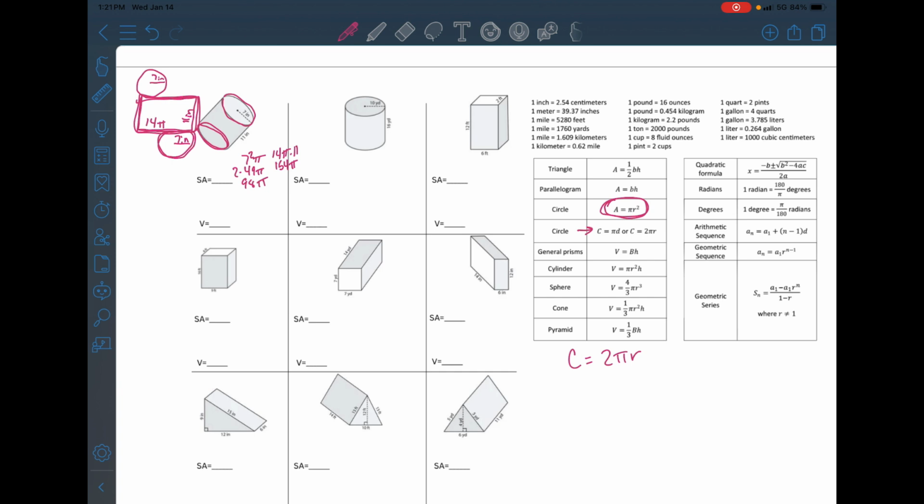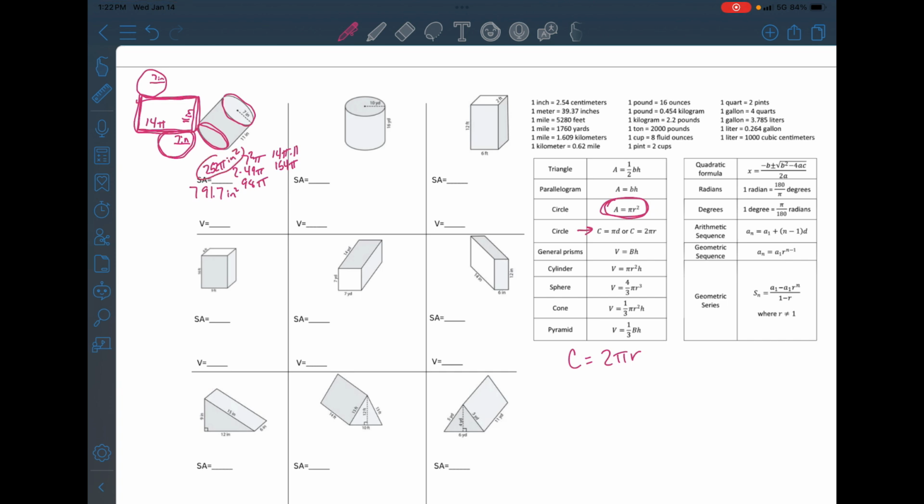So we're going to add 154 plus 98. That gives you 252 pi. And if you want to, you can hit 252 times pi on your calculator, and you get 791.7. And both of those are inches squared because it's the surface area.